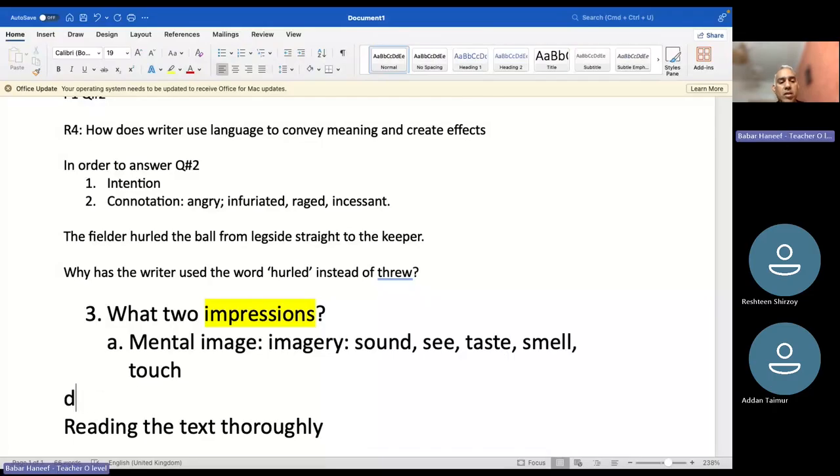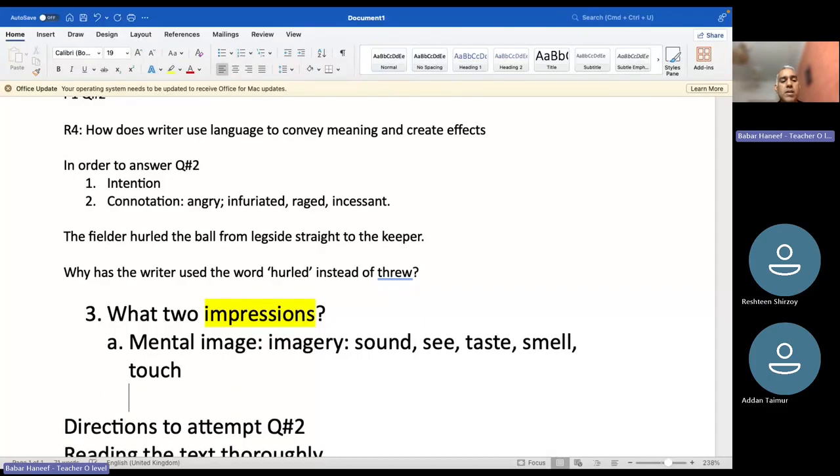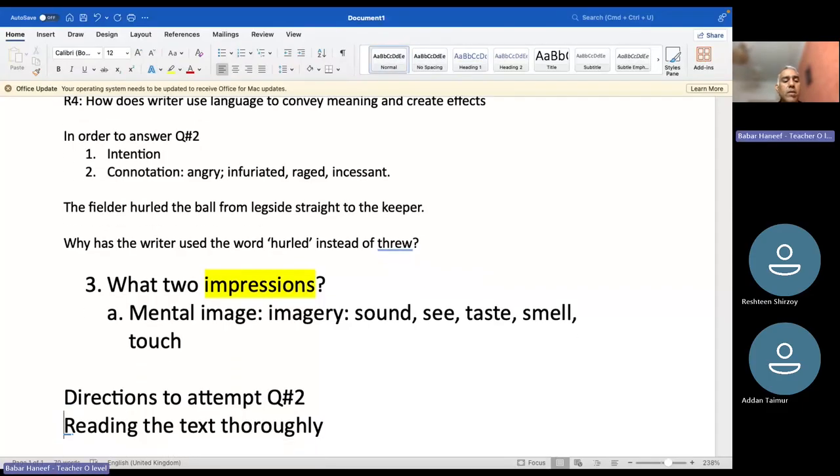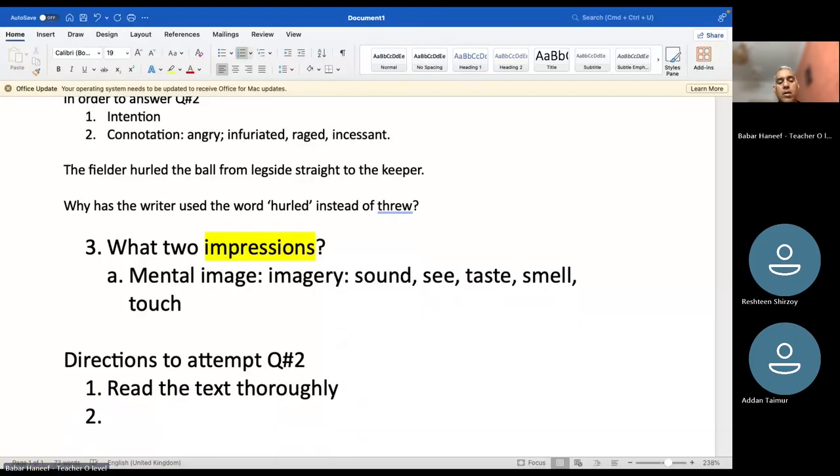I'm just writing down directions to attempt question number two. The first thing is: read the text thoroughly. The second thing is: interact with the text. How would you interact with the text?